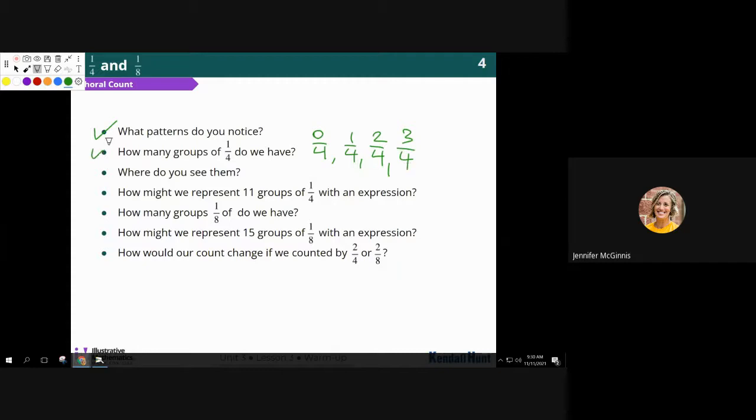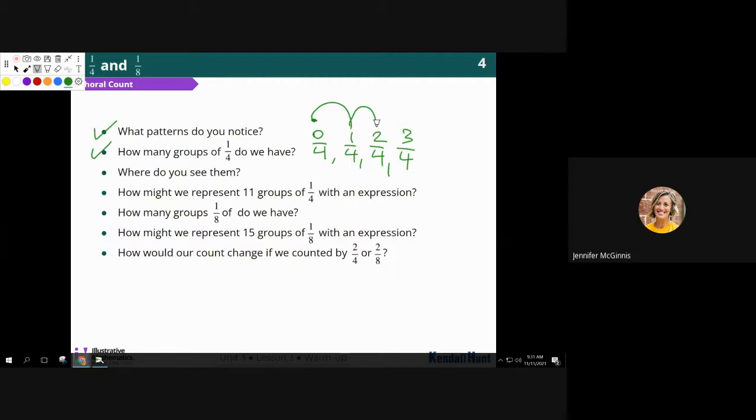Where do you see them? Each time we count, that represents a new group of 1/4. So this is 1/4, and then we have 2/4. Then we have 3/4. That's where we see them.